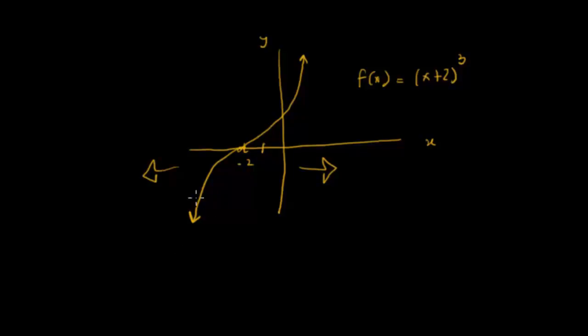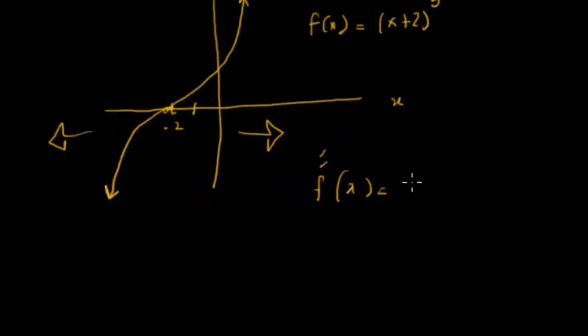So, as you can see, it does seem like it's concave up and down, and let's further verify it using the second derivative test. The second derivative of the original function f(x) = (x + 2)^3, we already know, was equal to 6(x + 2).